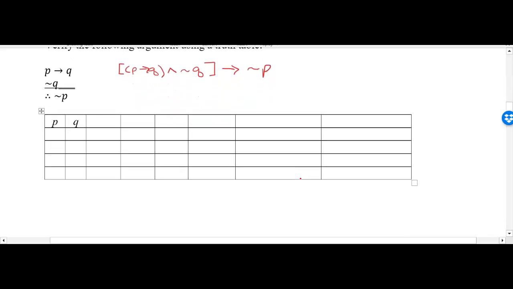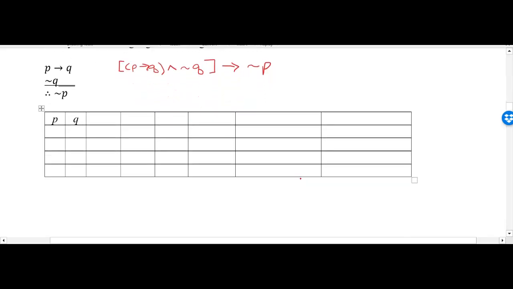Now we create the truth table. Let's go back to those steps we talked about in a previous video where we do single statements first, right? Then single negations. Now I have both. I have a not P and I have a not Q. Single negations. Next, remember we did parentheses from left to right. Here's a big parenthesis. From left to right, that means I would do the if P then Q first.